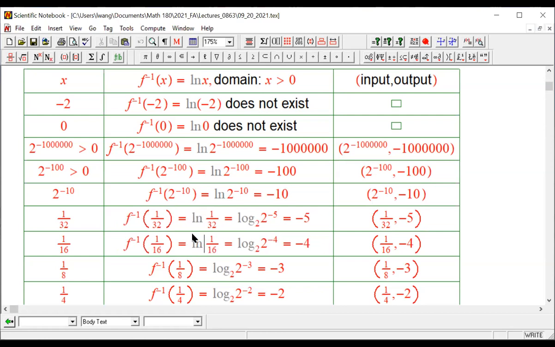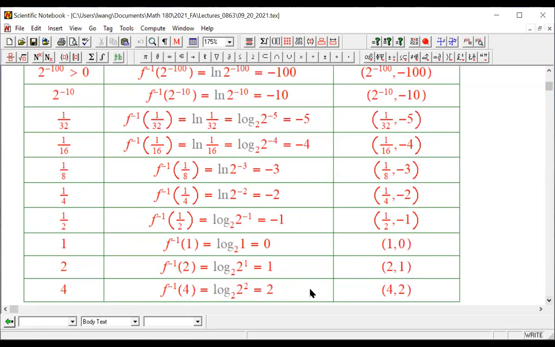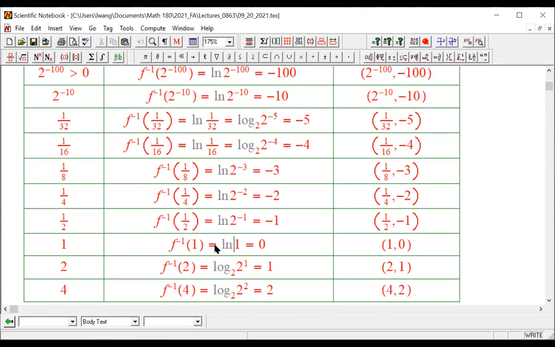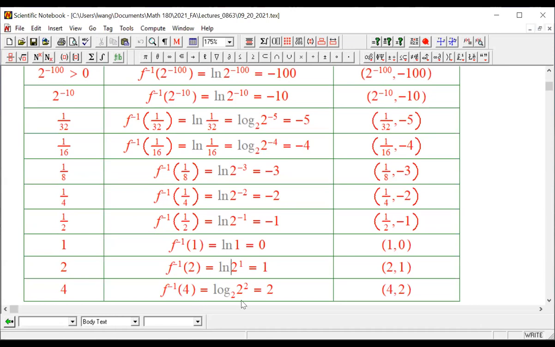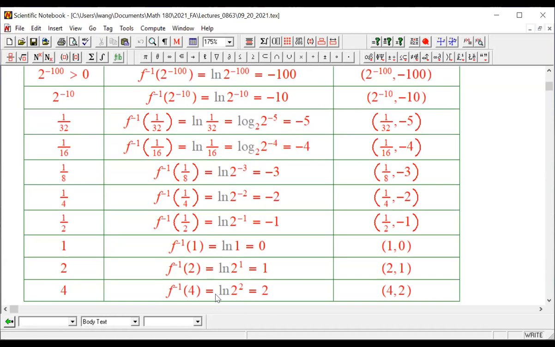Everything will be ln. I want to make these changes in front of your eyes because I want you to see the connection. That's the similarity your professor mentioned before.